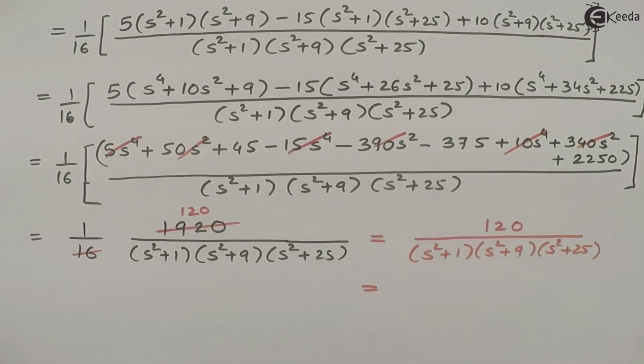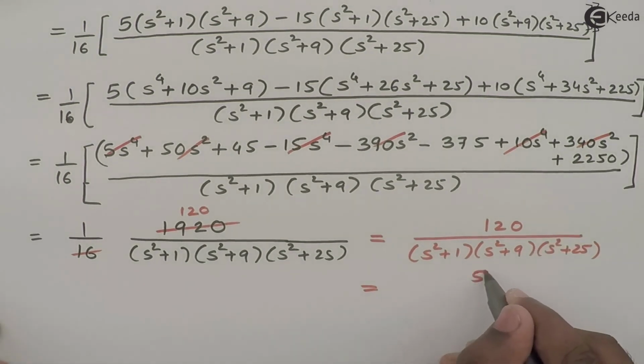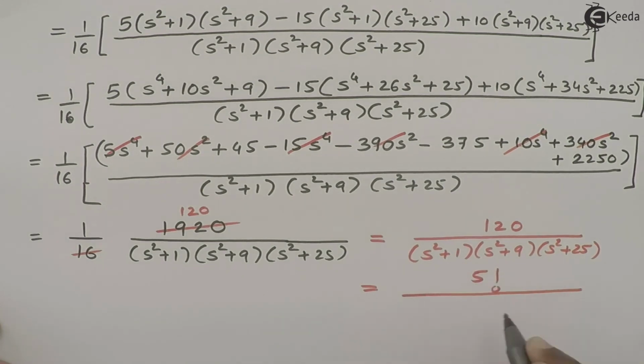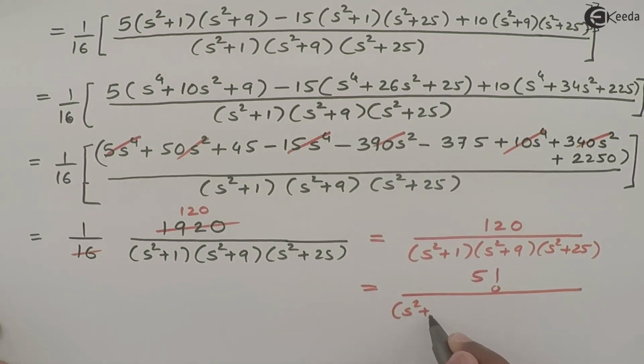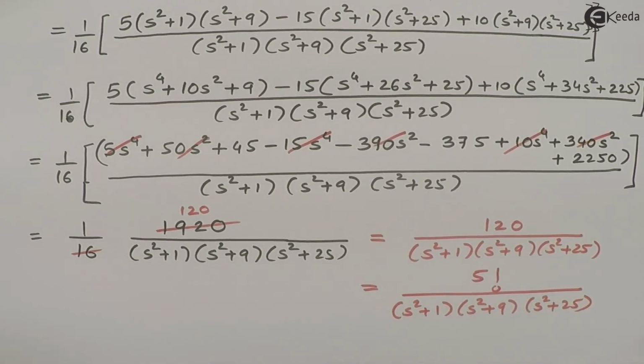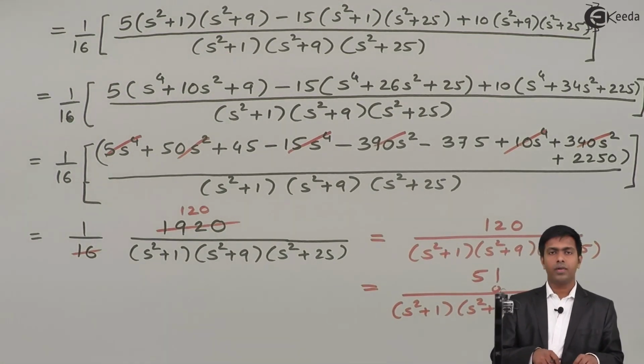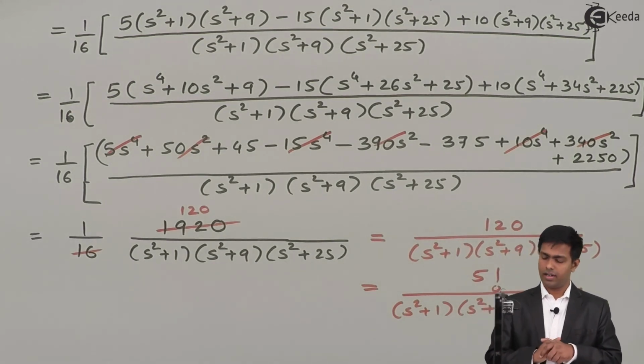And now my friends, we know that 120 is nothing but 5 factorial. So I can substitute this 120 as 5 factorial and denominator as it is, that is s square plus 1, s square plus 9 and s square plus 25. And by doing that we'll get our required value, which was 5 factorial upon s square plus 1, s square plus 9 into s square plus 25.